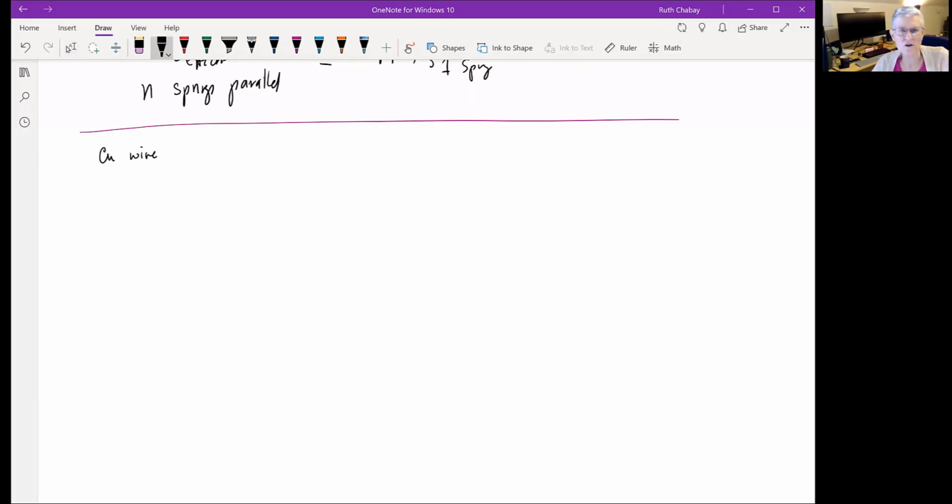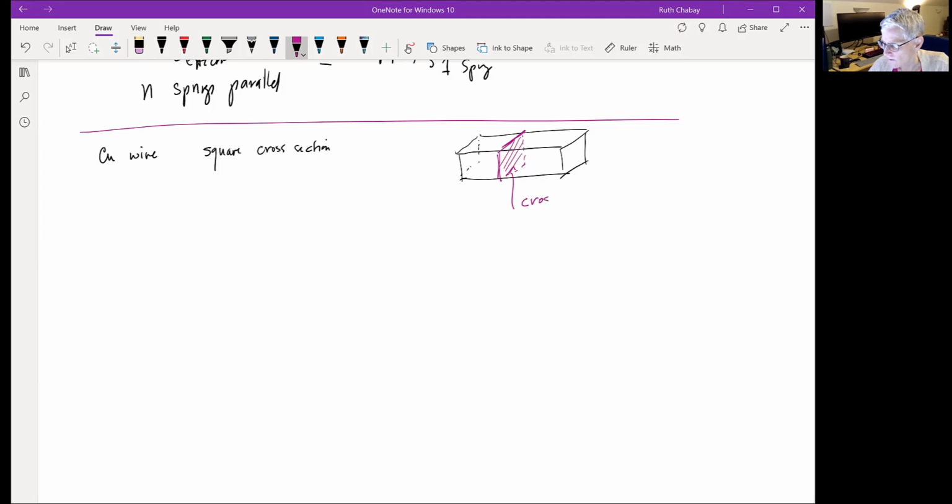Just to make our life simple, we'll make it with a square cross section. So it's a square wire. Now, what does cross section mean? Well, if you cut into some three-dimensional object here, so suppose we saw this wire in half, we make a cut through it. This is the cross-sectional area.